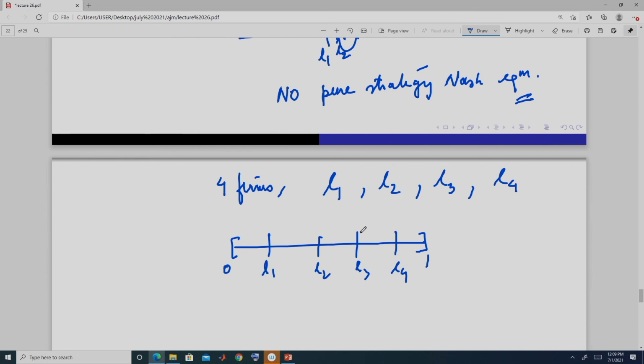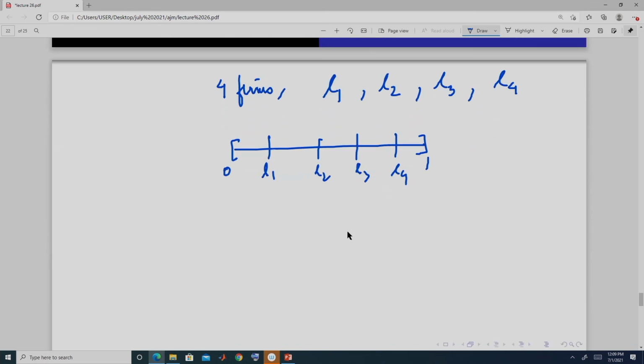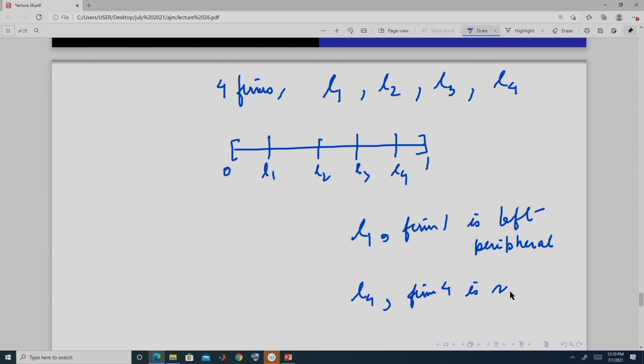From the previous argument, we know L1, that is farm 1, is the left peripheral farm, and L4, farm 4, is the right peripheral farm.